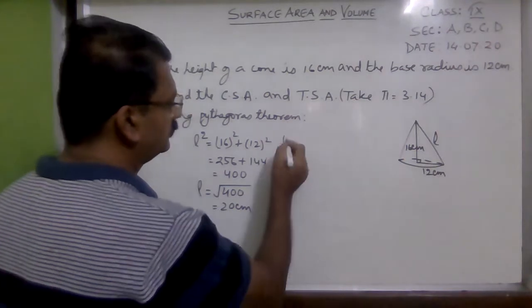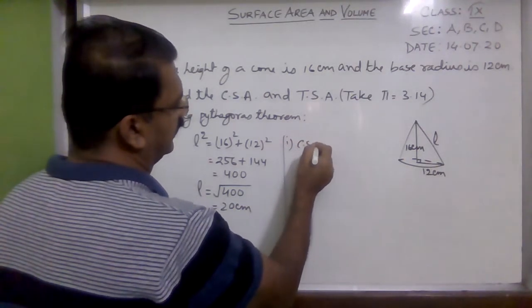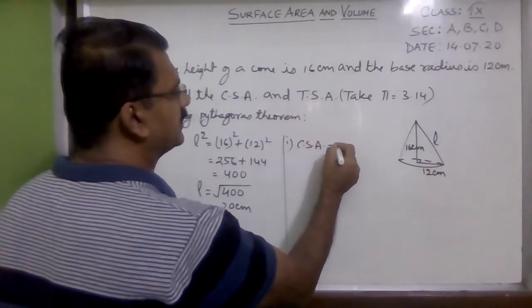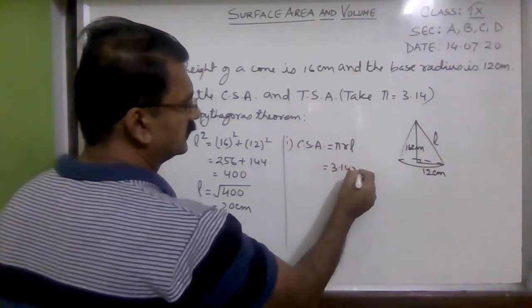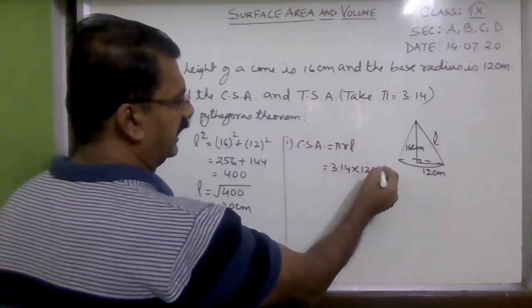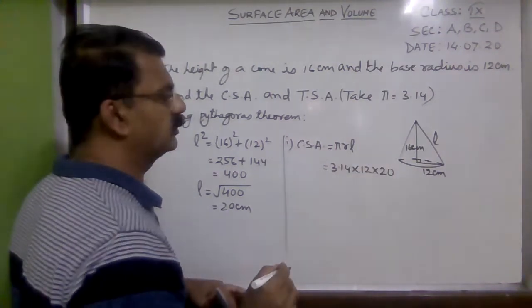Now curved surface area. The formula for curved surface area is pi R L. For pi we have to use 3.14. R is given 12 and L we have found 20.